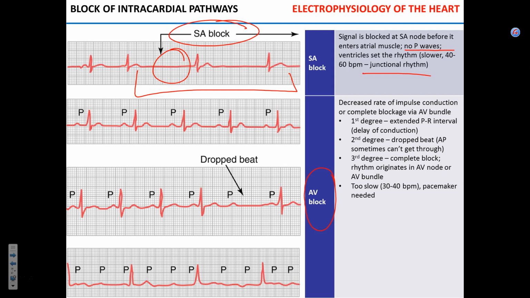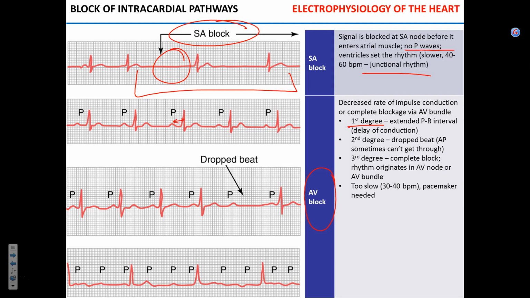That AV node is essentially a door. Does that make sense? It's a door. So in the first degree, the door becomes narrower, so PR interval becomes extended.